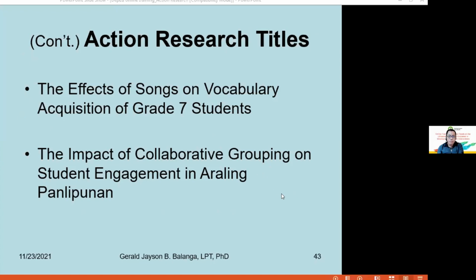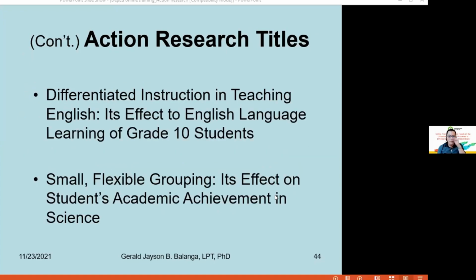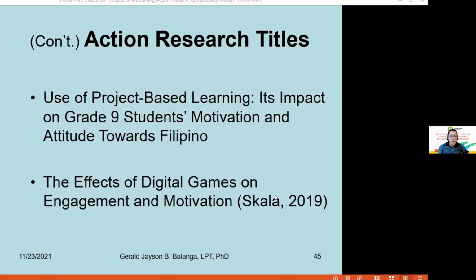So, kinig sila ng mga songs and then you measure kung na-improve ang kanilang vocabulary based on the words that are in the songs. Collaborative grouping, anong impact niya sa student engagement in araling panlipunan. Okay, so there are a lot of these action research titles. Effects of digital games on engagement.